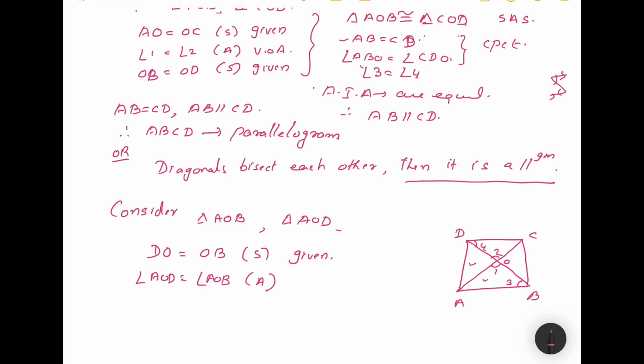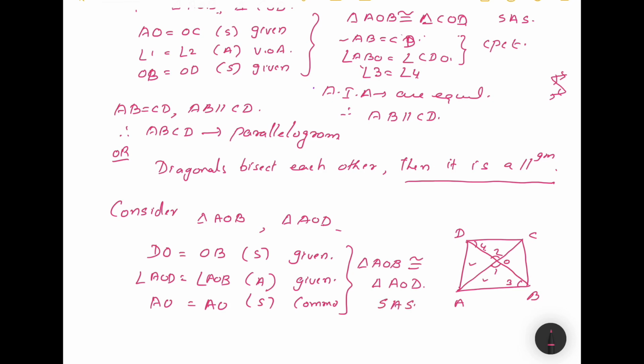because it is 90 degrees given, the diagonals bisect at right angles. And then you have AO equal to AO, common side. So from this you can say triangle AOB is congruent to triangle AOD by SAS.